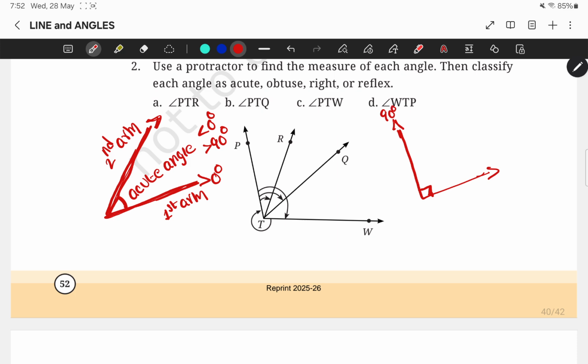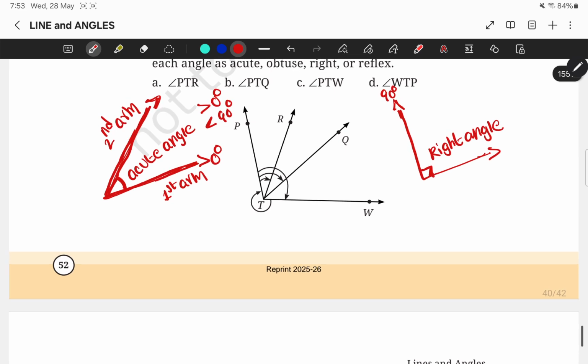For the acute angle, the angle is greater than 0 degrees. Sorry, a small mistake: it is less than 90 degrees for an acute angle, and for a right angle it is exactly 90 degrees.